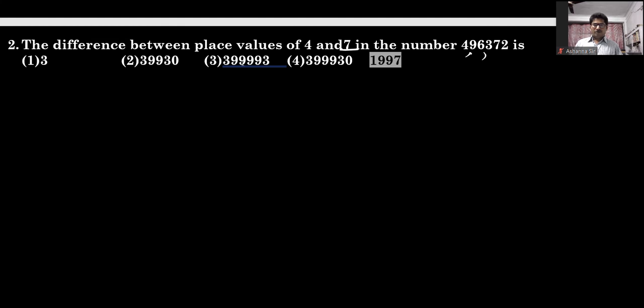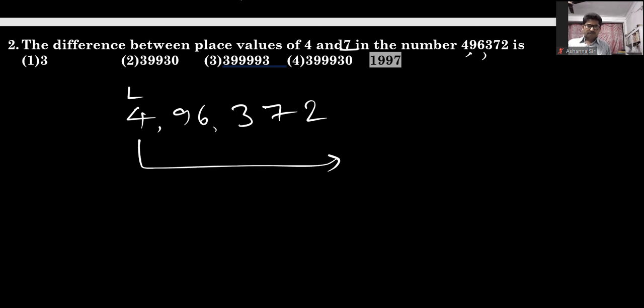Question number 2. The difference between place value of 4 and 7 in the number 4,96,372 is. In this, place value of 4 is ones, tens, hundred, thousand, 10,000, lakhs.